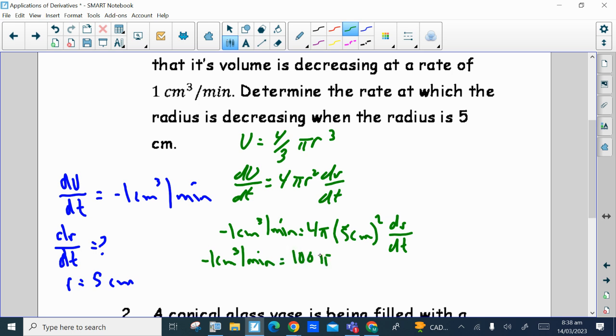So that'll be 100 pi centimeters squared dr by dt. You also squared the centimeters, so that's where the centimeter squared comes from. And then to get dr by dt by itself, we would divide both sides by 100 pi centimeters squared.